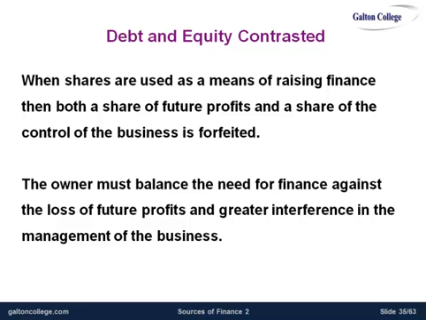They hold ordinary shares so they can vote and they can say how the business should be run, or what profit should be retained, and so on. And shareholders who have 51% of the business or more get to control the business. The owner must balance the need for finance against the loss of future profits and greater interference in the management of the business. So although you need the money, the businessman or businesswoman must balance the loss of power, the loss of ownership.